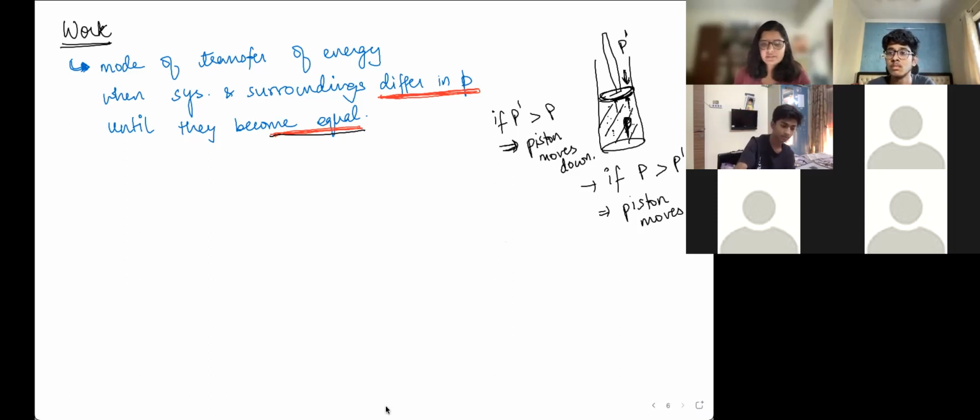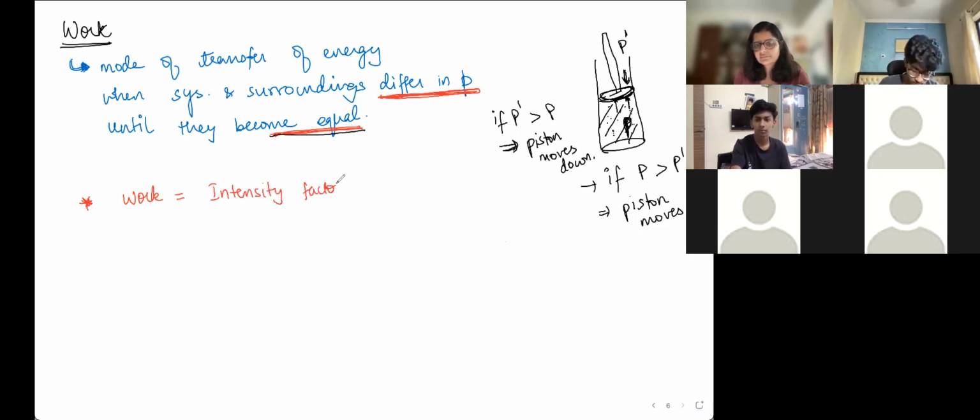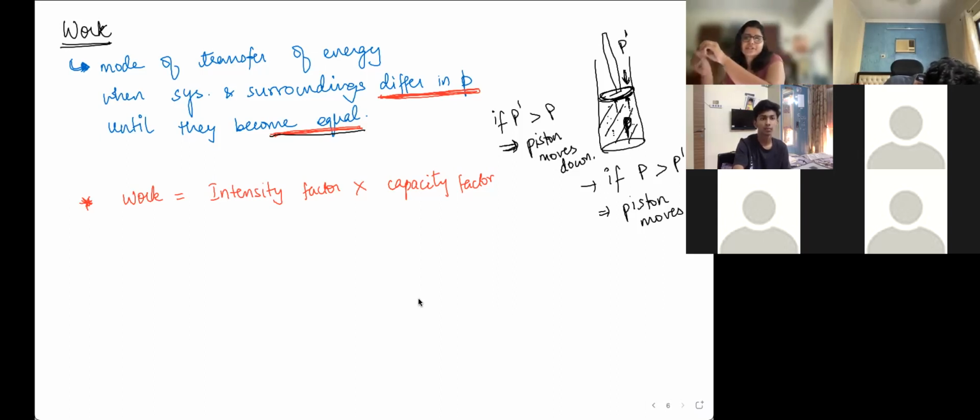Okay. So in general, if we look at it mathematically, you can keep this in mind because this is true in all contexts. Work is equal to the product of an intensity factor and a capacity factor. Depending on the context, if I'm looking at work in terms of electricity, it will be something else, like electric charges, work done to bring a unit charge.